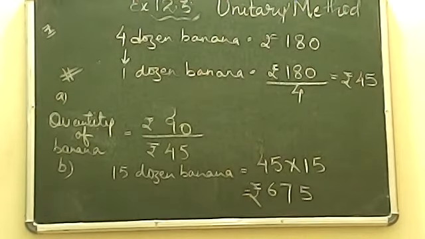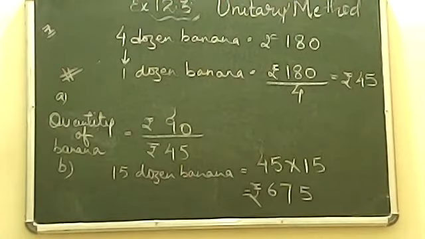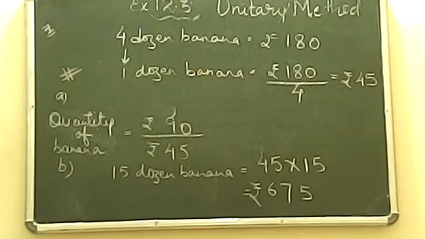I'm repeating once again. The weight of 72 books is 9 kg. The first question is what is the weight of 40 such books? And the second which I am asking is how many books will weigh 27 kg?